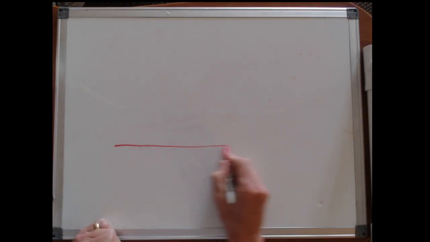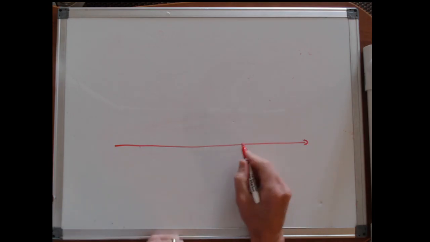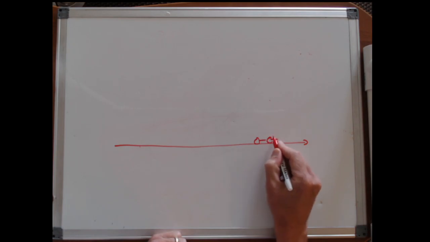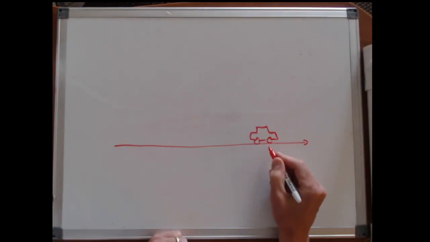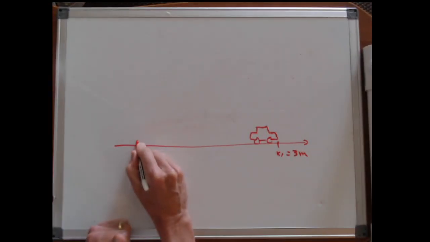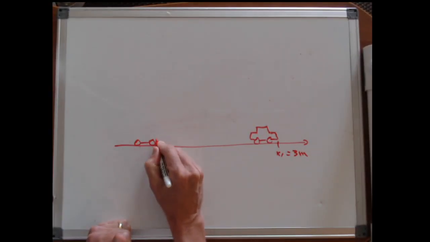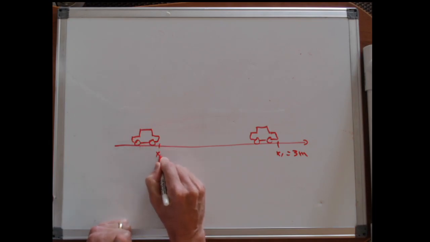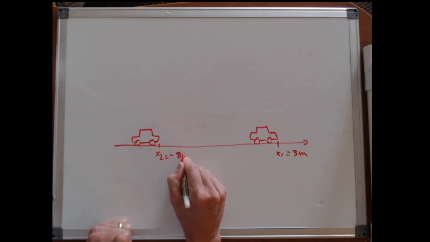So here's my car again, and this time I'm going to say it's at position x1 equals 3 meters. I conveniently drew my car so it looks like it could be going in either direction. And here it is later, it's moved in the negative direction. Now it's at x2, it's minus 8 meters.